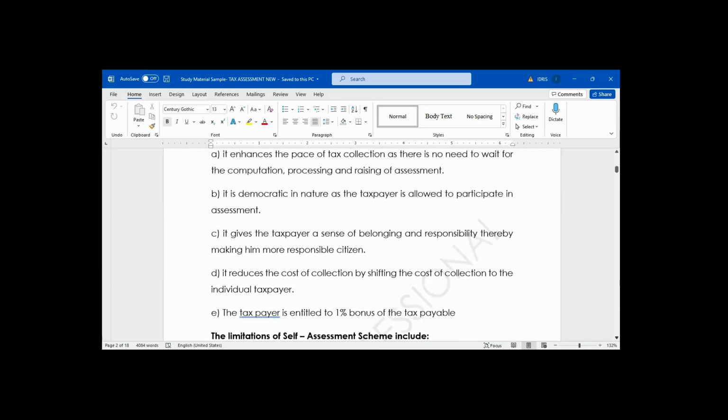Another one, it gives the taxpayer a sense of belonging and responsibility. It reduces the cost of tax collection by shifting the cost of tax collection to the taxpayer.